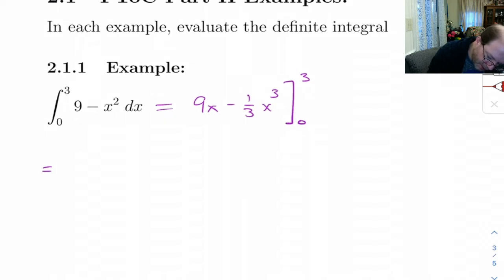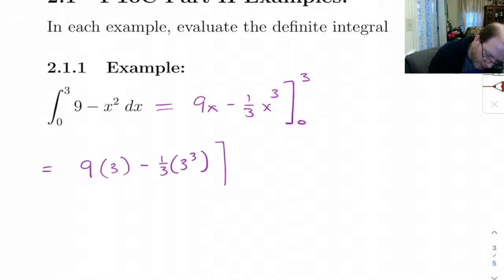So if I plug my numbers in, I'm going to do 9 times 3 minus 1/3 times 3 cubed, minus 9 times 0 minus 1/3 times 0 cubed.